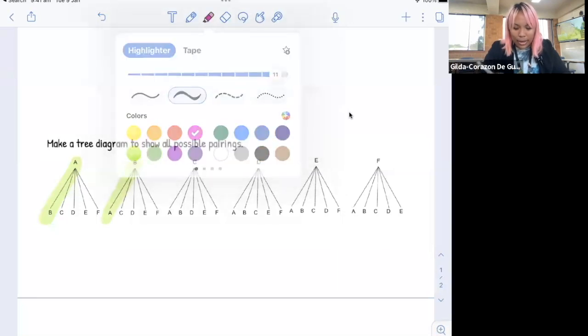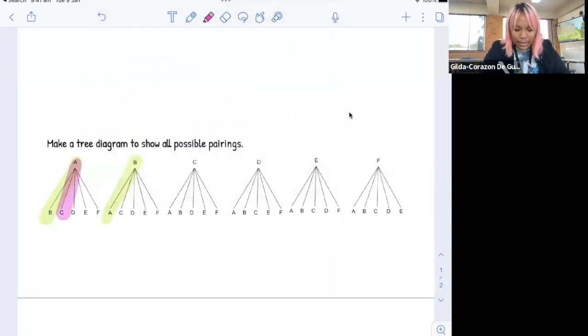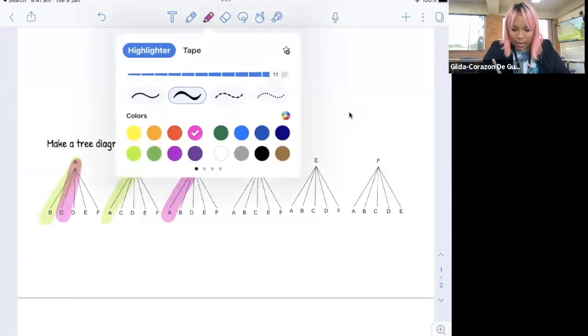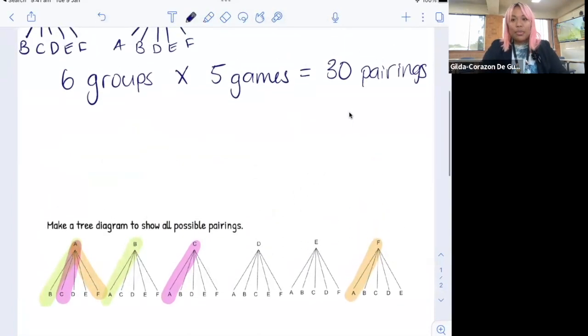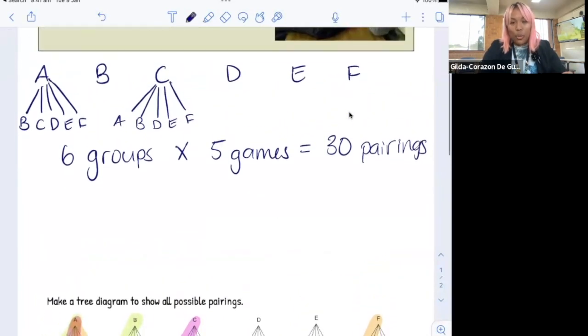If we look at another one, we've got A and C, C and A. And let's look at one more, A and F, F and A. So it's repeated the whole way through.